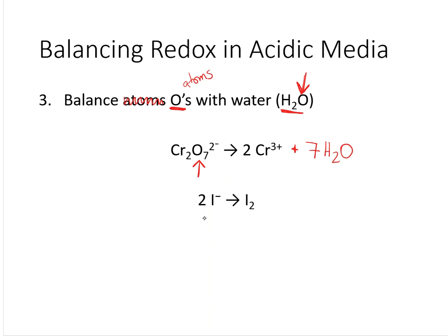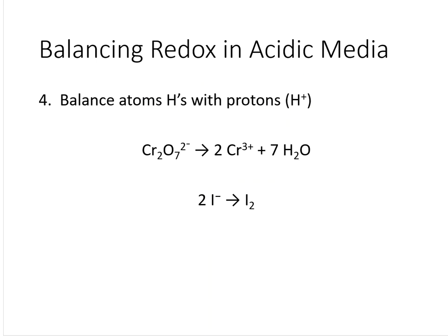Our second half reaction, we don't have to worry about that at all because we have no oxygens in our reactants, no oxygens in our products. Now, the next step, step 4, balance hydrogen atoms with protons.